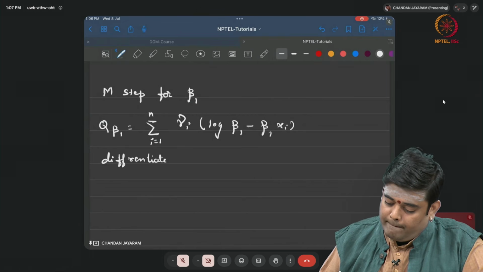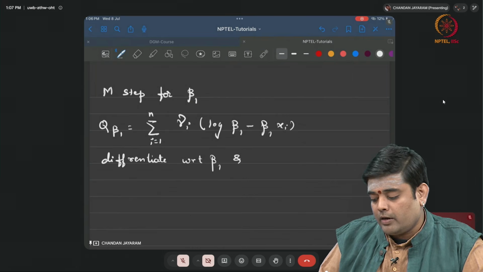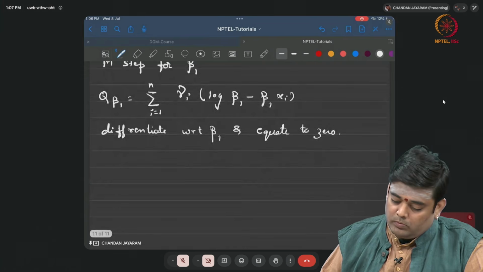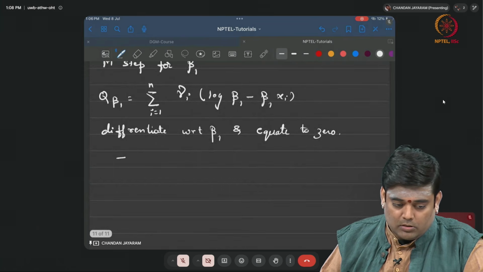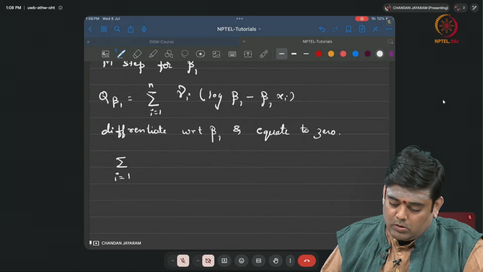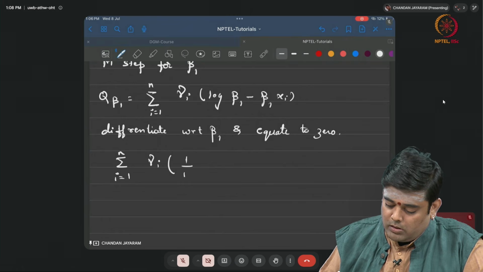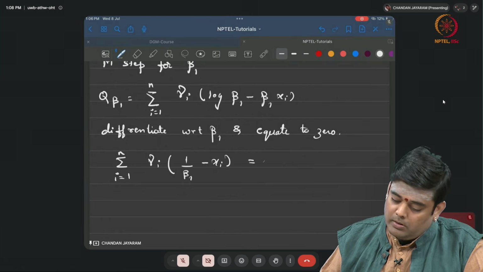Differentiate with respect to beta 1 and equate to 0, and what do you get? Summation i equals 1 to n of the coefficient times 1 over beta 1 minus xi equals 0.